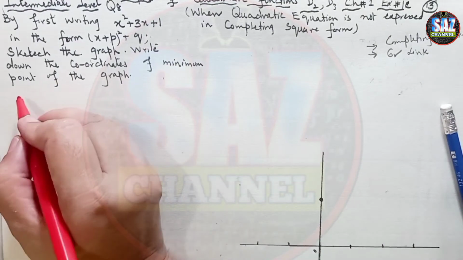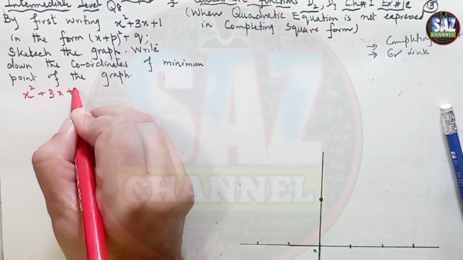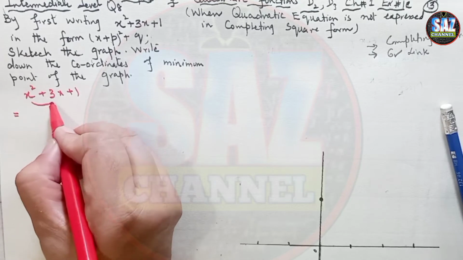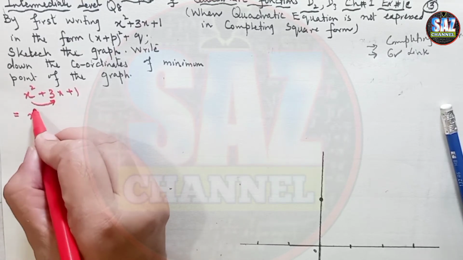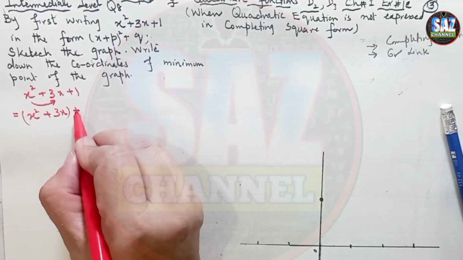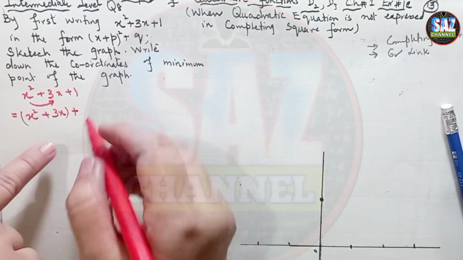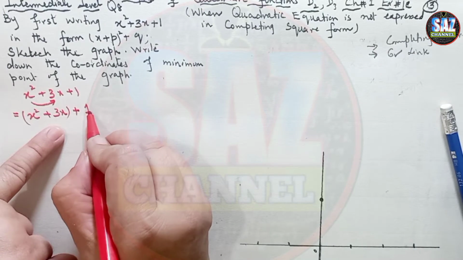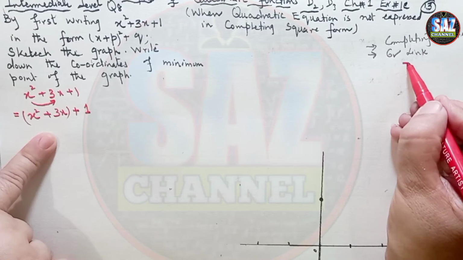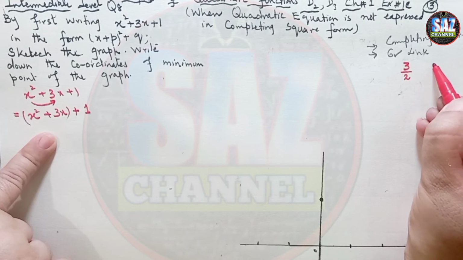The given expression is x square plus 3x plus 1. Recall the previous lesson: in order to apply the completing square method, we keep these 2 terms in one bracket, and we express this part in the form of one of the perfect square identities, either (a plus b) whole square or (a minus b) whole square, keeping the 1 separate. We identify the coefficient of x, that is 3, make it half, meaning divided by 2, and then take the square of that.